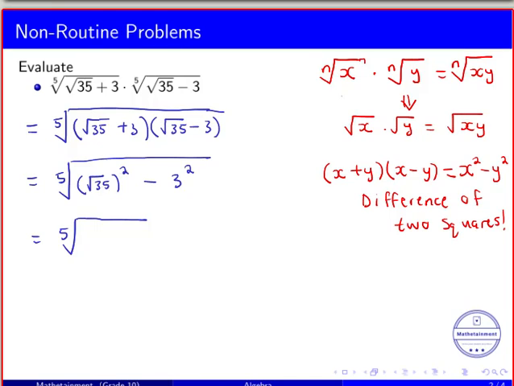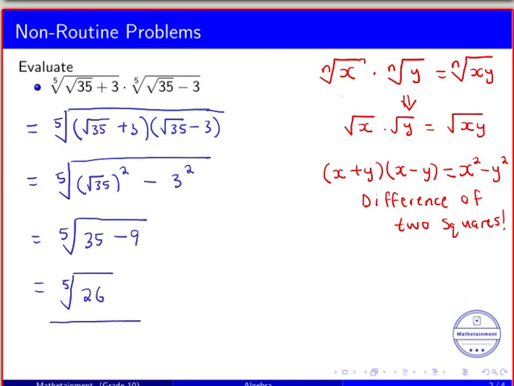That squared there frees the 35 under the square root. So now you have your 35 like that, and then 35 minus 3 squared. 3 squared is 9, so you have 35 minus 9. That's why here you have a fifth root of 35 minus 9. 35 minus 9 is 26.